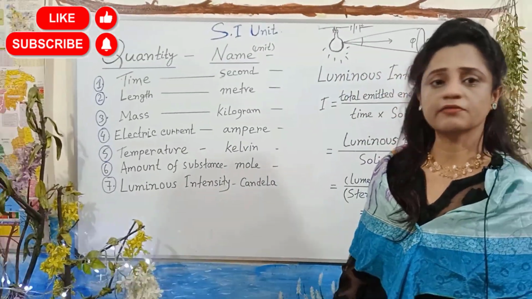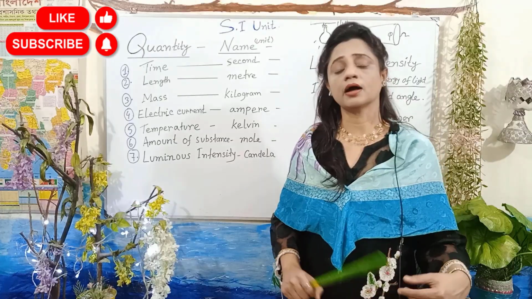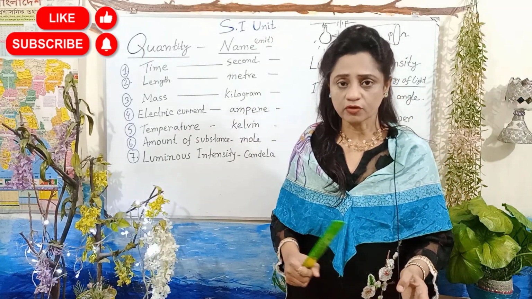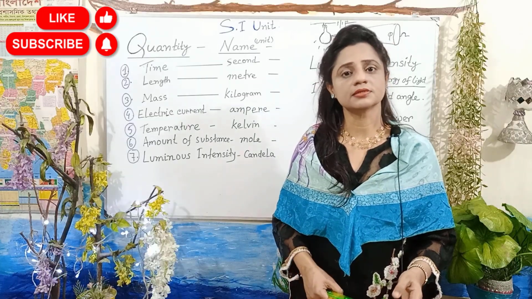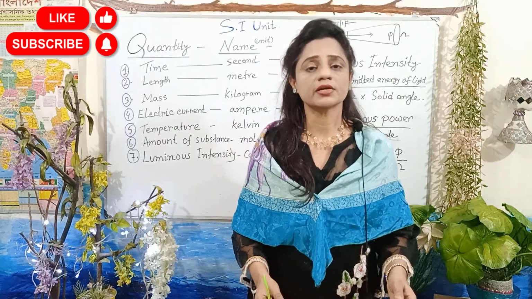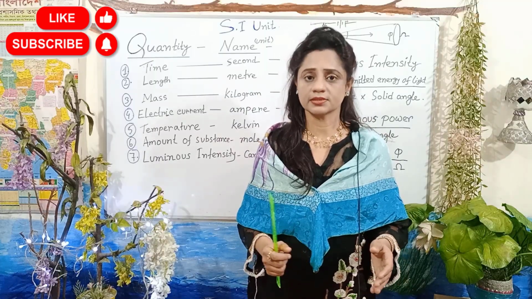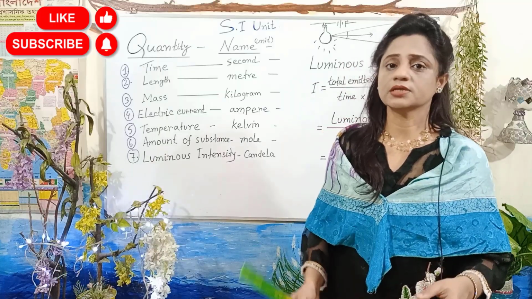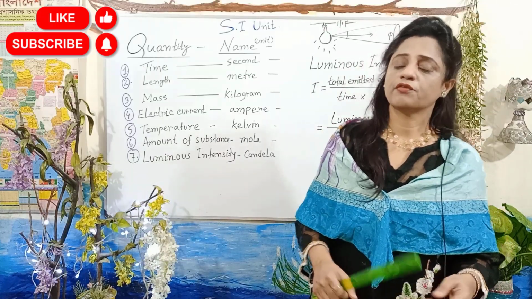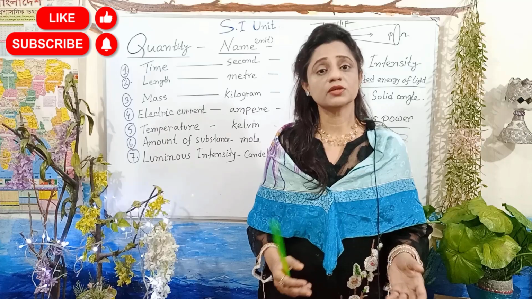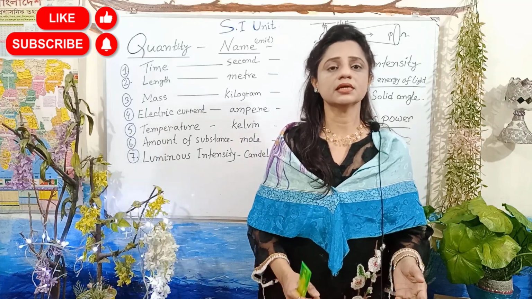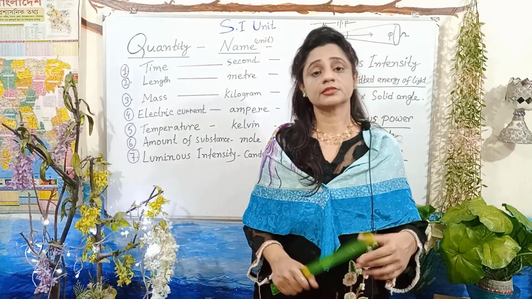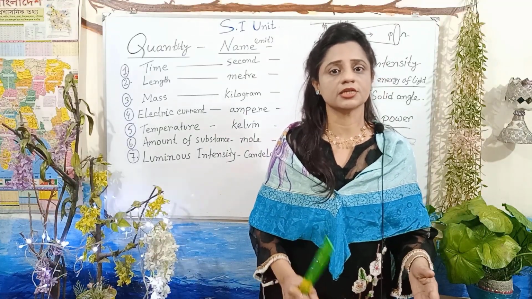Now these are the 7 fundamental quantities, but there are other quantities. When other quantities are derived from fundamental quantities, those are derived quantities. When we express other quantities using these fundamental quantities, they are known as derived quantities. For example, velocity is displacement by time, and speed is distance by time.